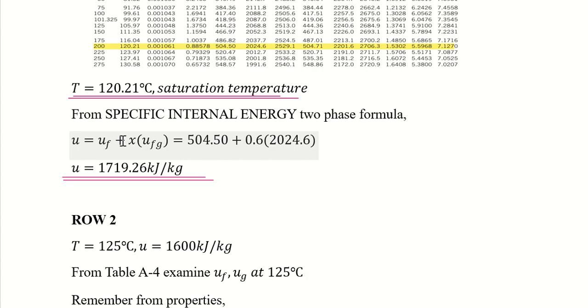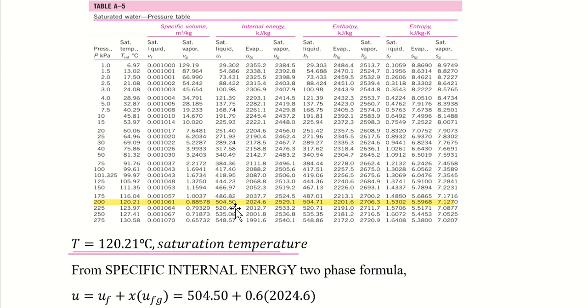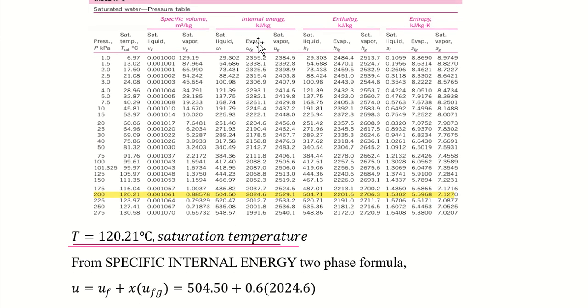So you're going to come back to your table at 200 kilopascals, and you look for the specific internal energy of the saturated liquid, which is here, 504.50. And you have u_fg, which is the difference between the specific internal energy of the vapor phase and that of the liquid phase, which is 2024.6.